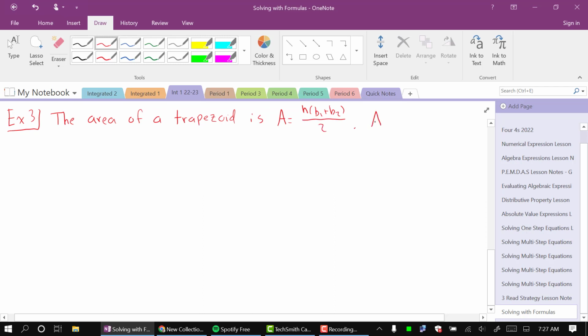A represents the area. H represents the height.